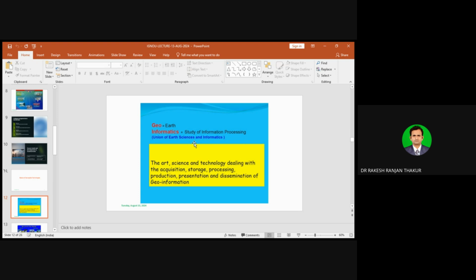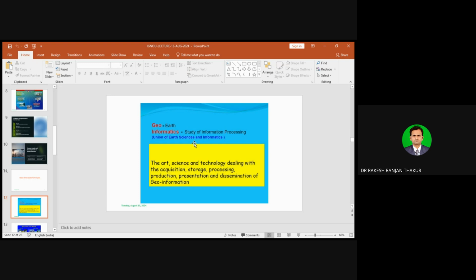Suppose we all have expertise in geoinformatics, and we are doing everything sitting in our lab, but unless that information is disseminated and reaches the end user, it is of little use.